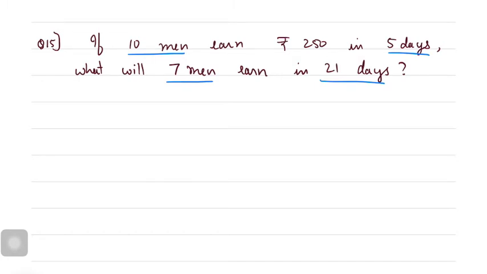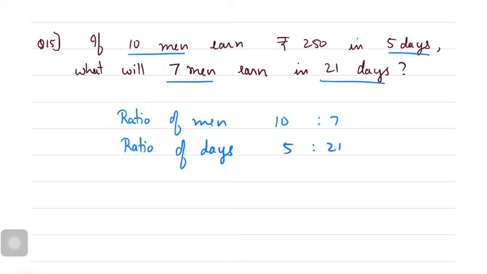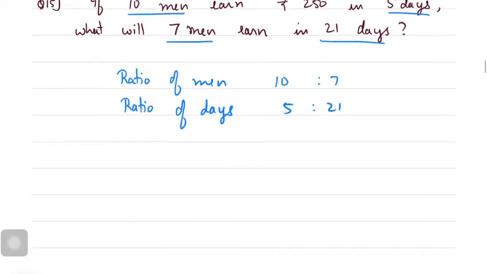Okay. So let's solve. Ratio of men is 10:7. Okay. 10 men are working for 5 days and 7 men are working for 21 days. Right. So ratio of days will be 5:21.